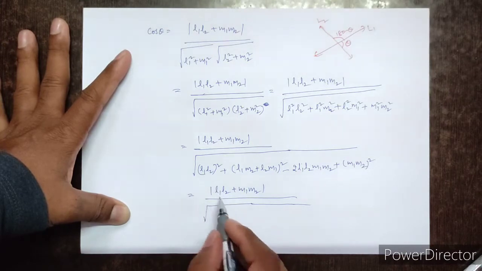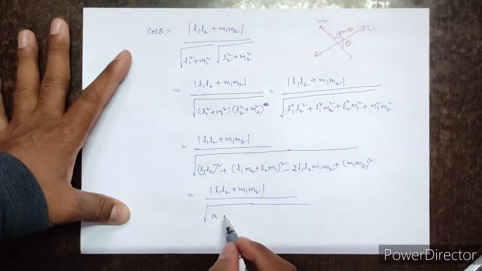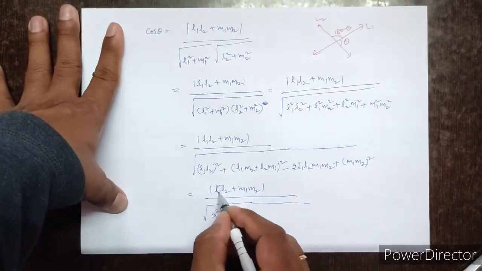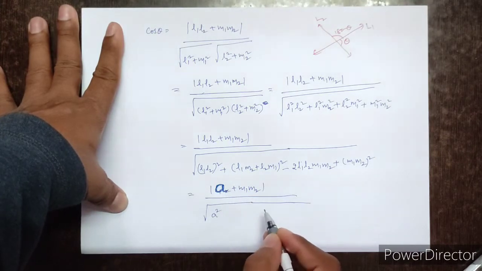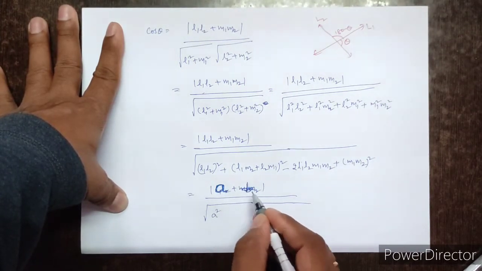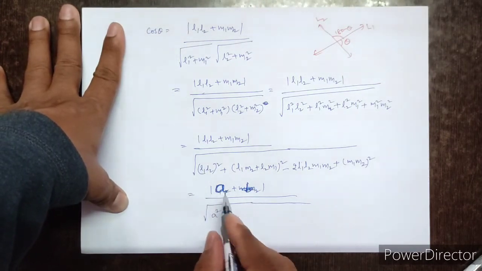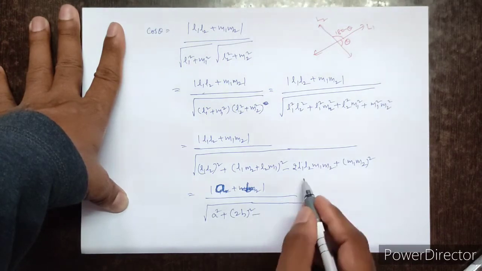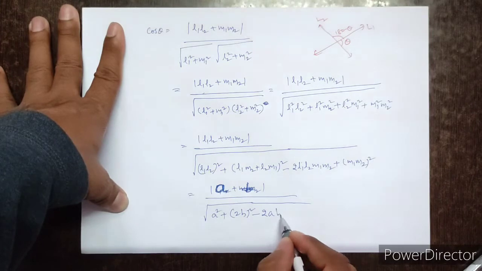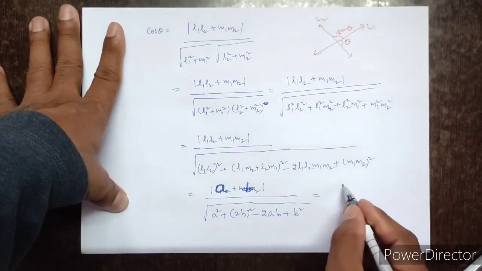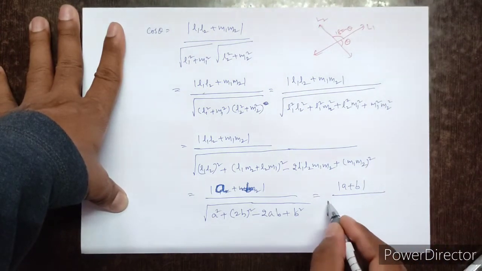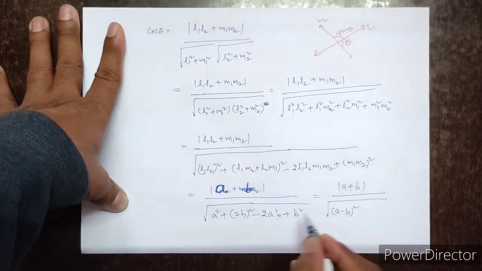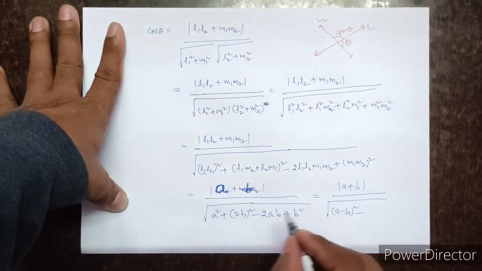Here l1 l2 is a, and m1 m2 is b, so the numerator is modulus a plus b. Under the root, l1 m2 minus l2 m1 is 2h, so we get (2h) whole square, that is 4h square, plus (l1 l2 minus m1 m2) square. That gives a square minus 2ab plus b square, which is (a minus b) whole square.